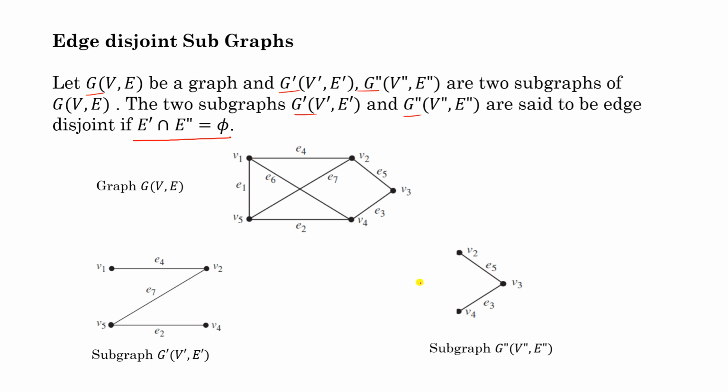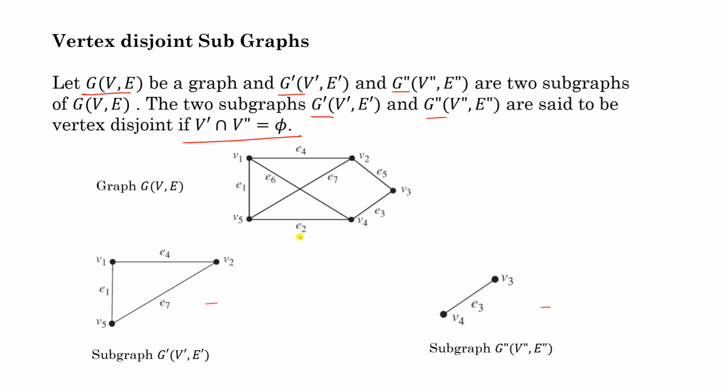Now one interesting thing. Though these two subgraphs are edge disjoint subgraphs, if you look, these two vertices V2 and V4 are common in these two subgraphs. It means these two subgraphs are edge disjoint subgraphs but not vertex disjoint subgraphs. Now go back to the vertex disjoint subgraphs.